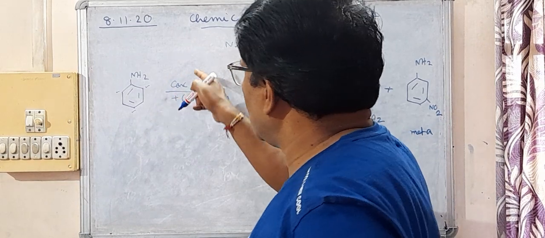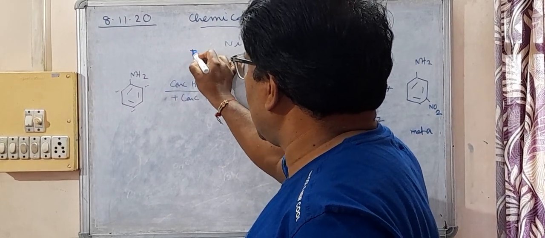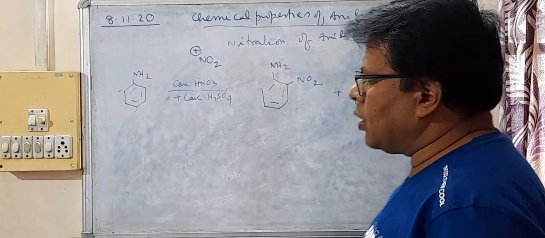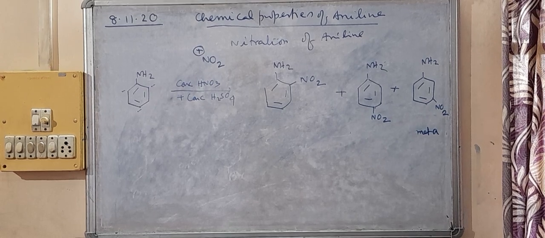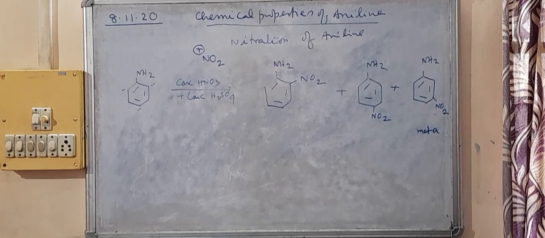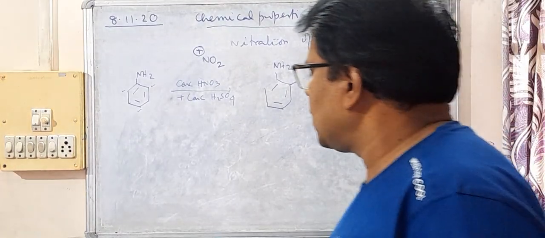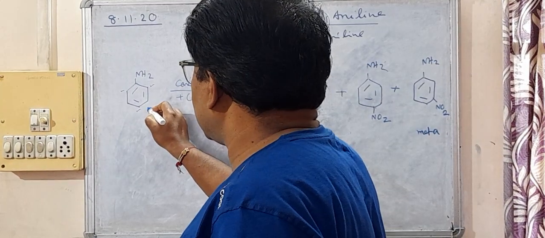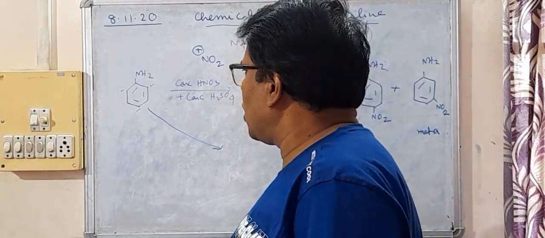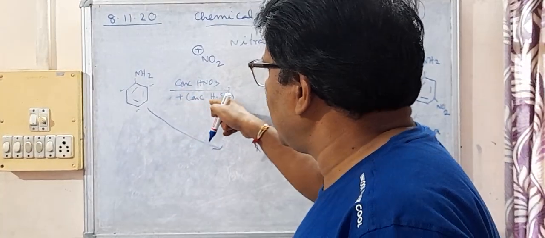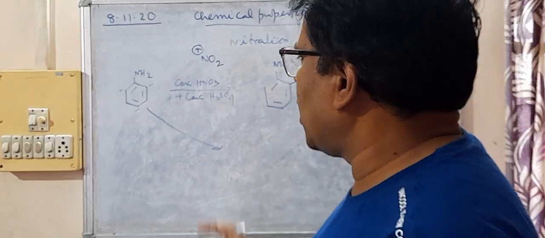And we know here in this reaction the electrophile is NO2 plus, a nitronium ion. Okay. So the reason for the meta product is that since this reaction is being carried out in acidic medium, some molecules of aniline get protonated.